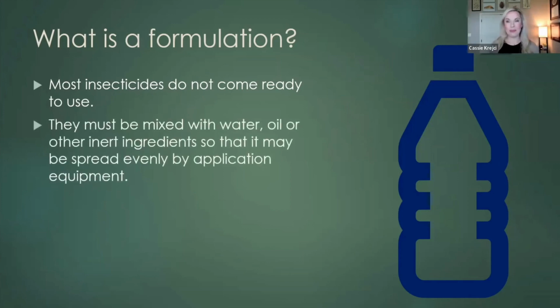There's probably a few more I'm missing in there, but active ingredients and novel formulations generally must be mixed with water, oil, and other inert ingredients so that they can be spread evenly by application equipment, regardless of what form they are in. Carriers like water and oil are expensive to ship, so most of what you purchase is in concentrate. You add the water, you add the heavy stuff to keep your costs down.